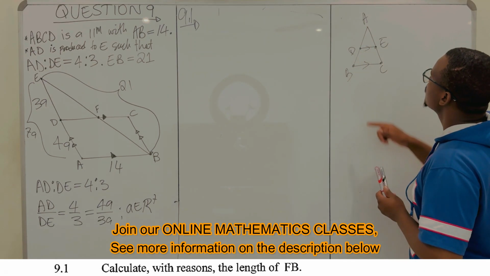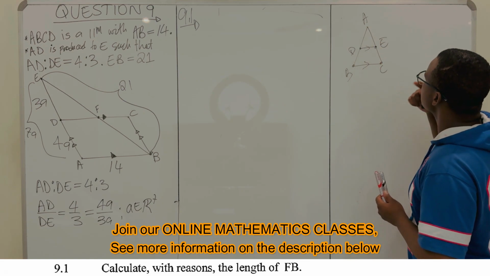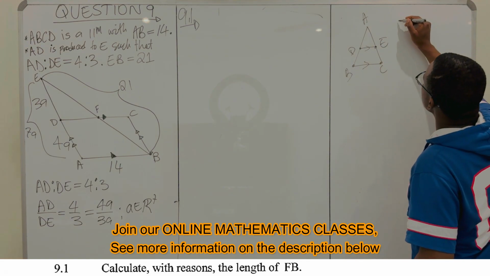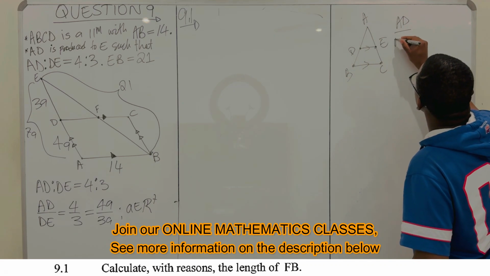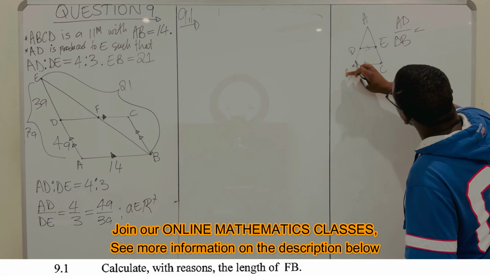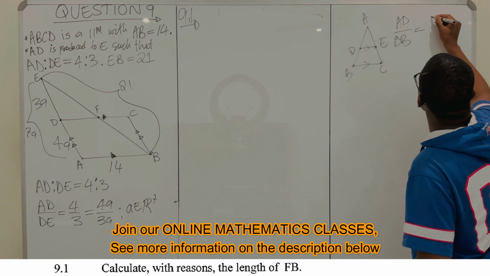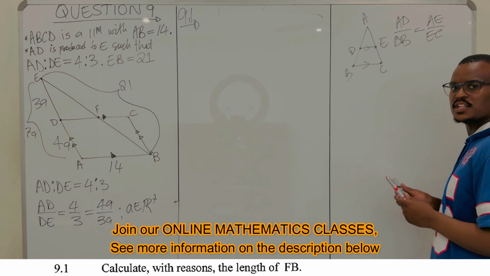What does that mean? It means that the ratio, if you take your AD and divide it by DB, which is this length over this length, should be the same as AE over EC. That's what that means.